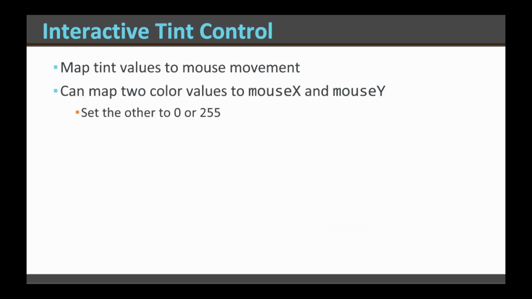So here's something that you could do. To play with this, you could map the tint values to mouse movement. You could even map two color values to the mouse movement as well. You could have red and blue mapped to mouse X and mouse Y, and change it from not purple to purple by dragging it around.